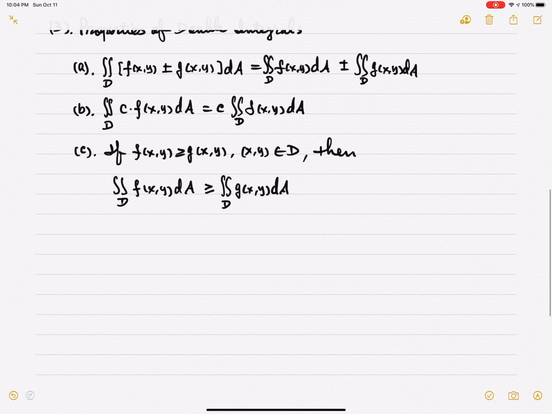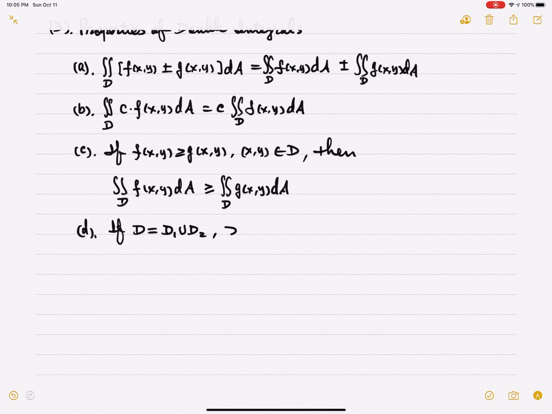Now part D, okay, part D says, if D, the region of integration, can be broken into two parts. Well, if you can break it into two parts, you can break it into three parts.